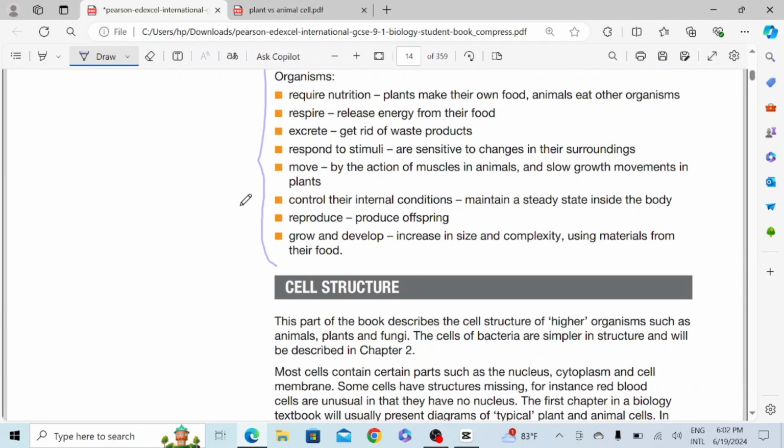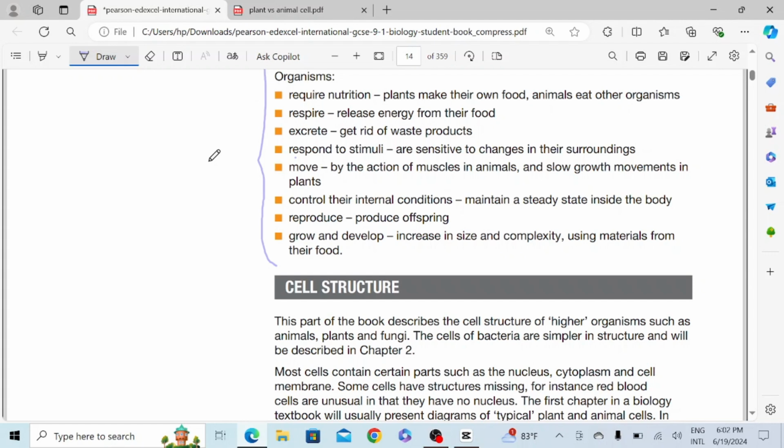Okay, the next one is respond to stimuli. So we as human beings, if something really hot touches our skin, we definitely move our hands or feet away from it. If something is causing us pain, we instantly pull back, right? So we are responding to certain stimuli from our environment.